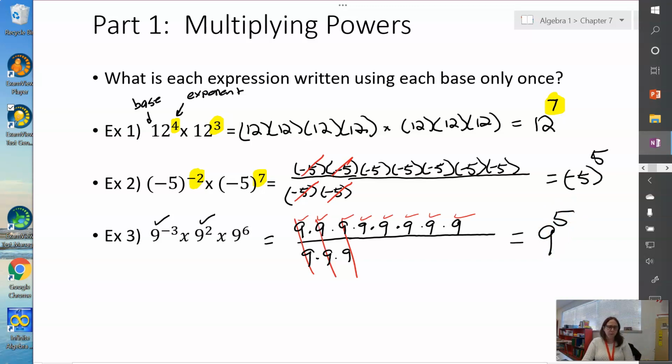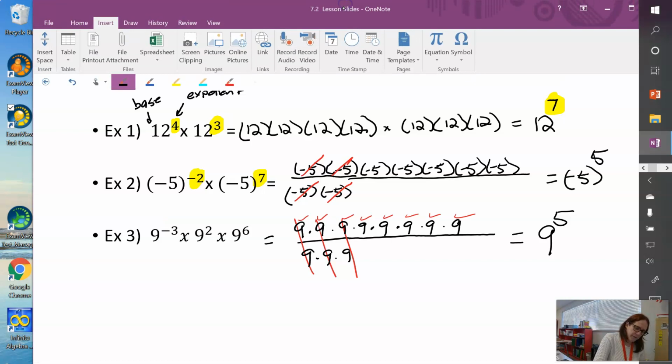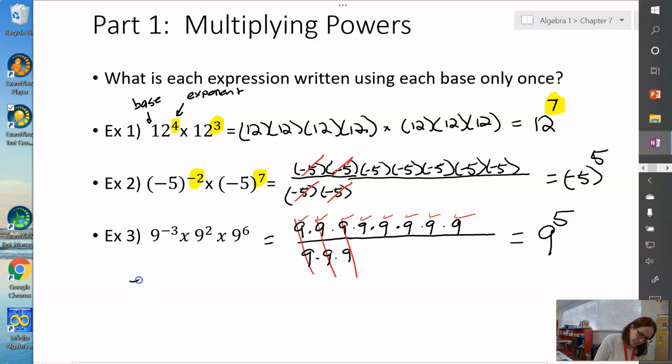Now a moment ago I was thinking I could just add those exponents together. Let's see if that works on this one too. So I have a negative 3 for my first exponent, plus 2 plus 6. So negative 3 plus 2, that's negative 1.